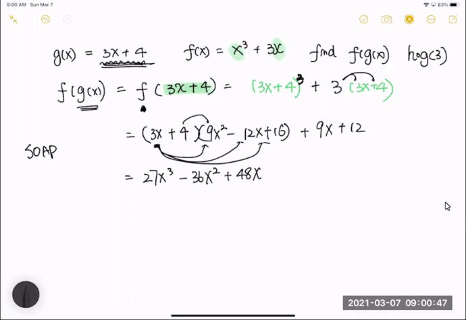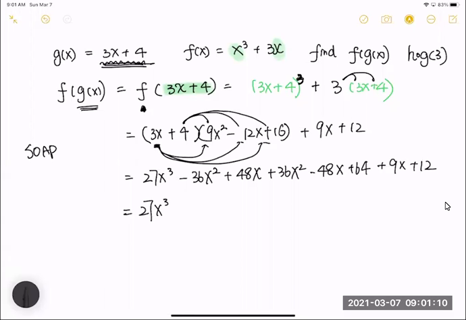And now you use positive 4 times 9x squared, which is equal to 36x squared. And then minus 48x, 4 times 16 equals 64. And then add 9x and 12. Now you want to combine the like terms. I have 27x cubed, and then let's look at x squared.